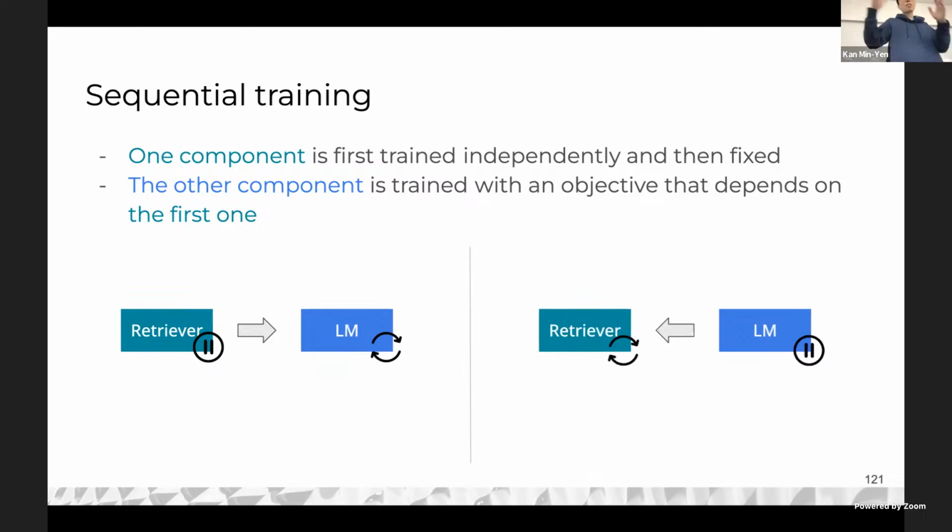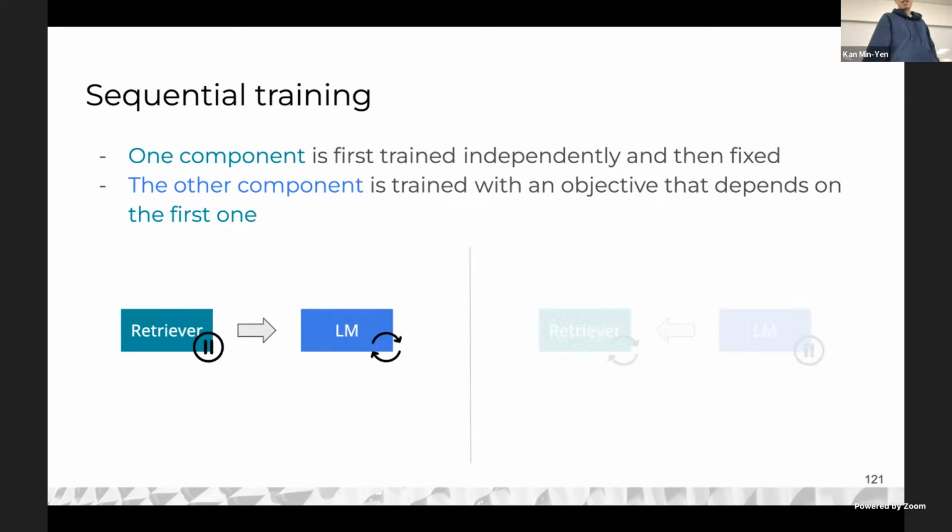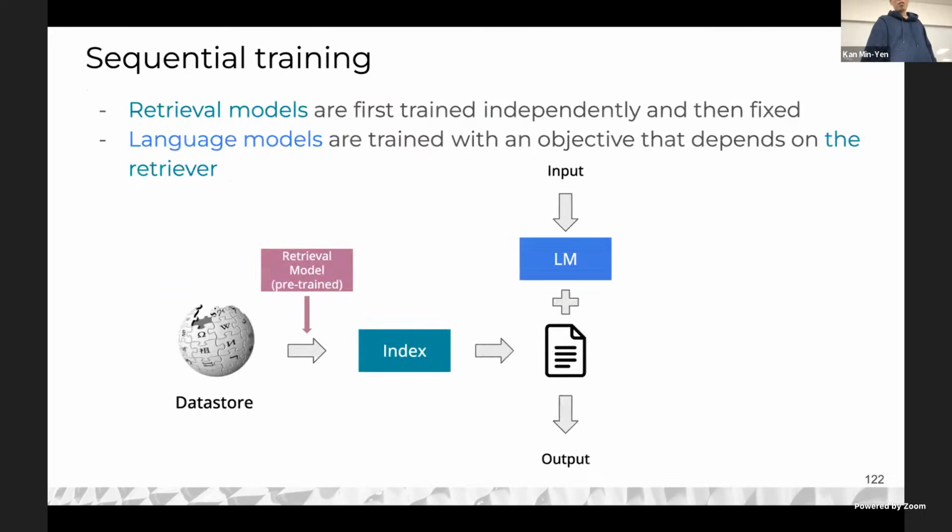On the other hand, we can also do it the other way. We have three examples. On the right hand side is usually the real plug, and on the left hand side is for the real. I will give an example for the left hand side, which is the case of REALM.